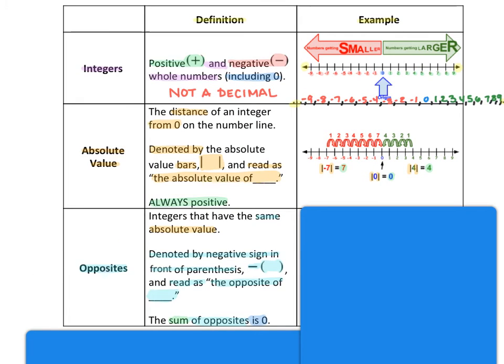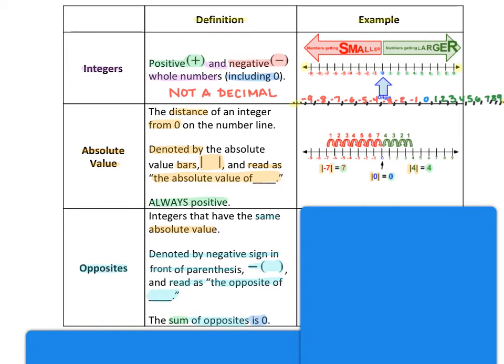Our last vocabulary word for this set of notes is opposites, and opposites are integers that have the same absolute value. It's denoted by the negative sign in front of parentheses. So you have the negative sign, parentheses, and you have something in between those parentheses, and you read it as the opposite of whatever you see within those parentheses.